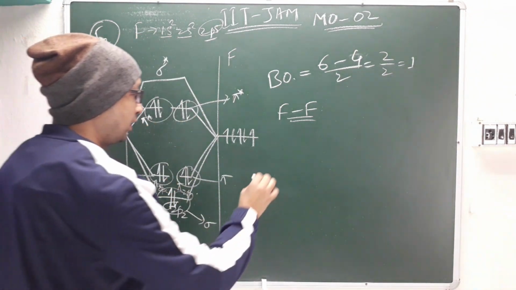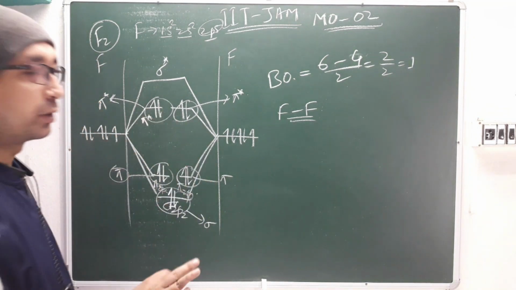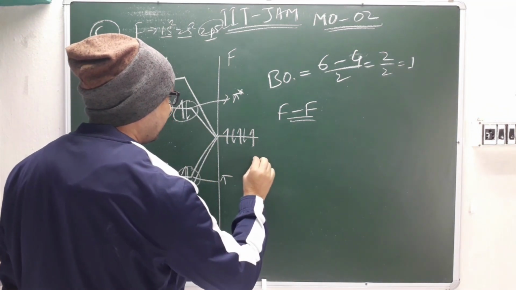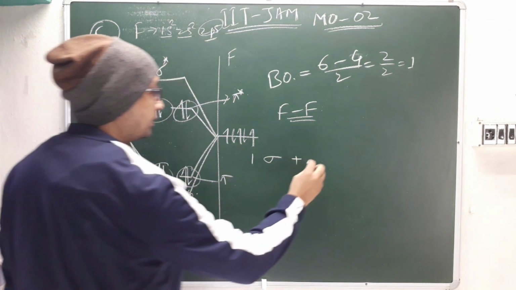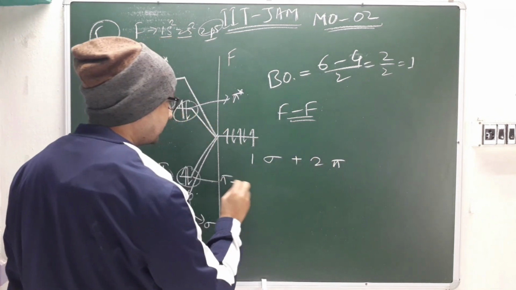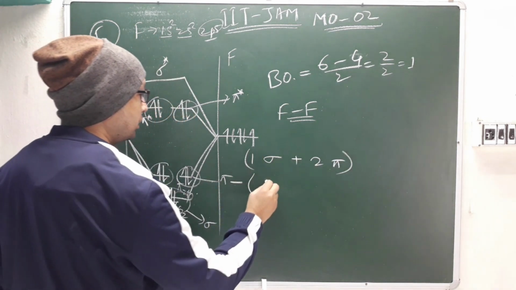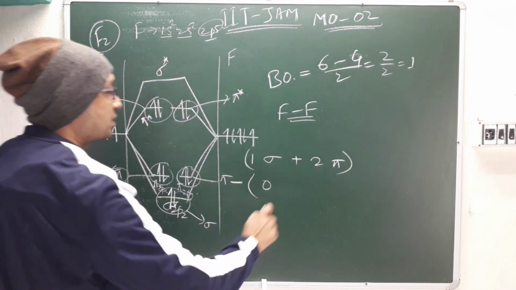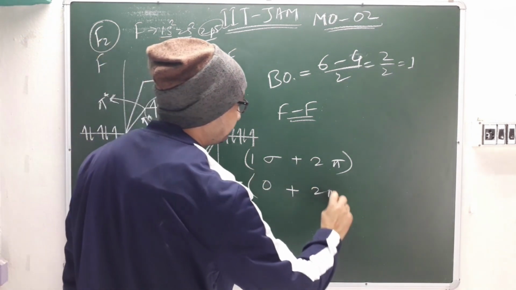Here we have 1 sigma and pi, pi, pi, and these are pi star. Now how do you calculate it mathematically? Total number of bonds is bonding minus anti-bonding. We have 1 sigma plus 2 pi bonds, minus 0 sigma bonds, because in sigma star nothing is there, plus 2 pi bonds.